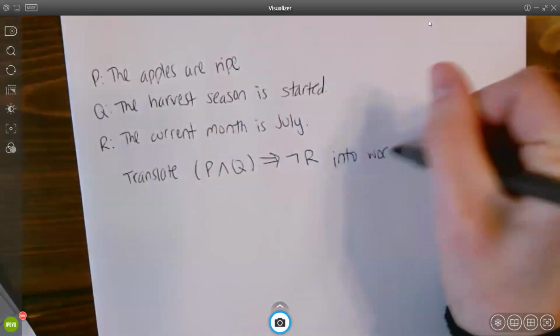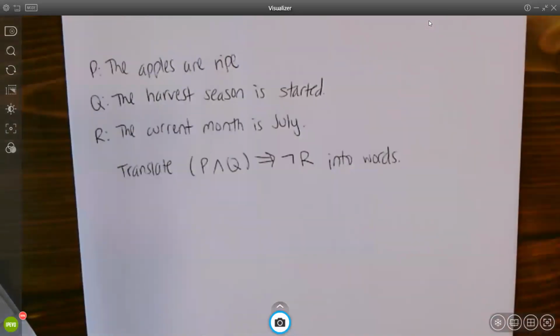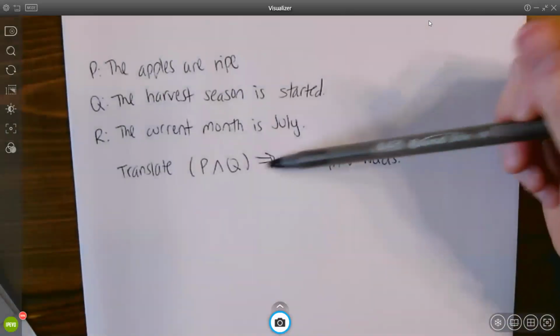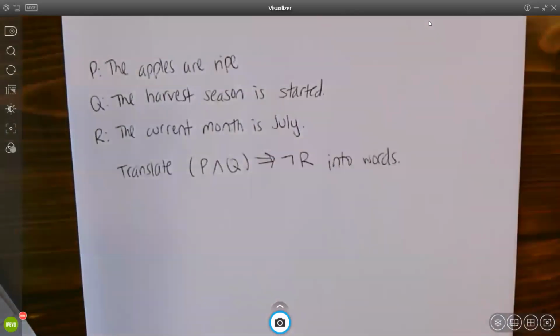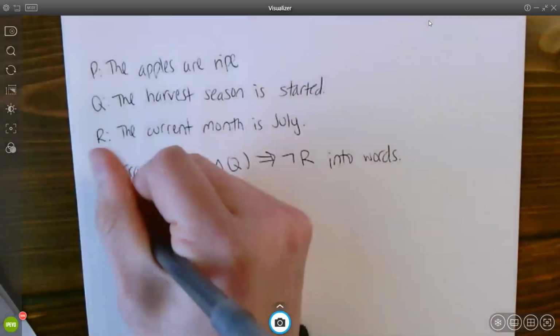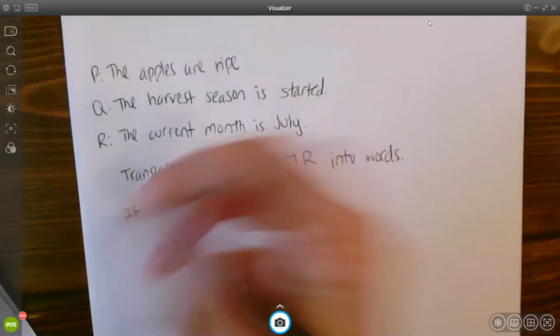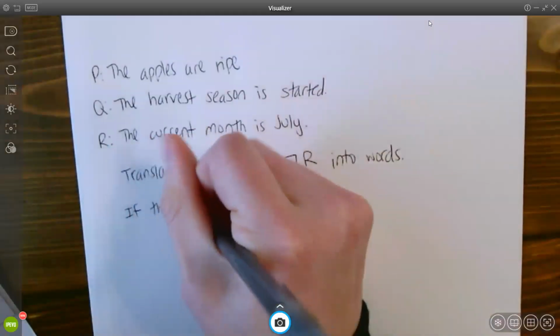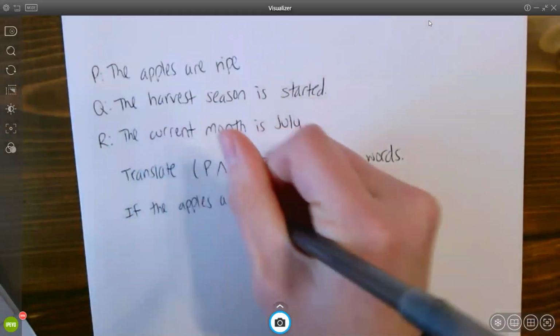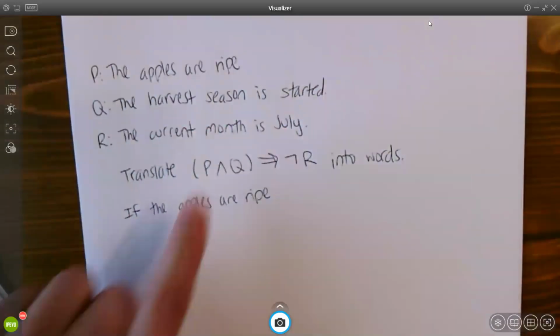So I feel like that looks pretty complicated, but if you just go back to the symbols that we've gone over and that table I made for you, that should hopefully be helpful. So first of all, I see I have this symbol here, so that means I'm going to have an if-then statement. So I'm going to start with if. So if P, if the apples are ripe, then I have this symbol here.